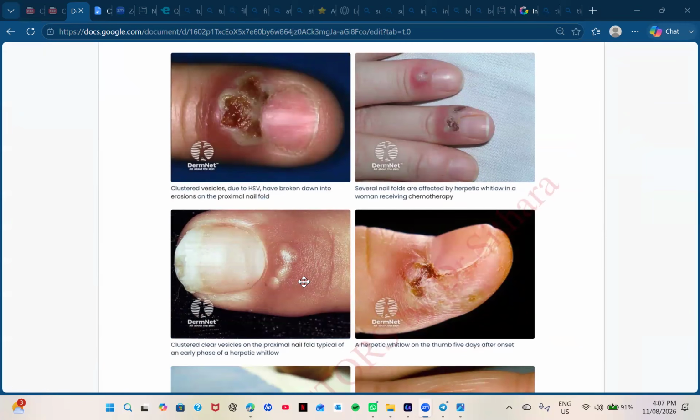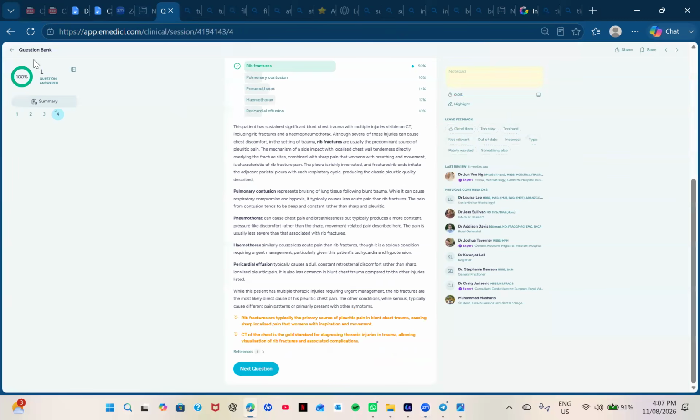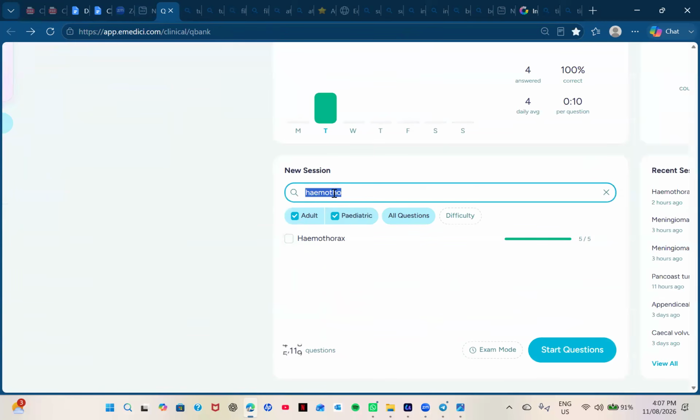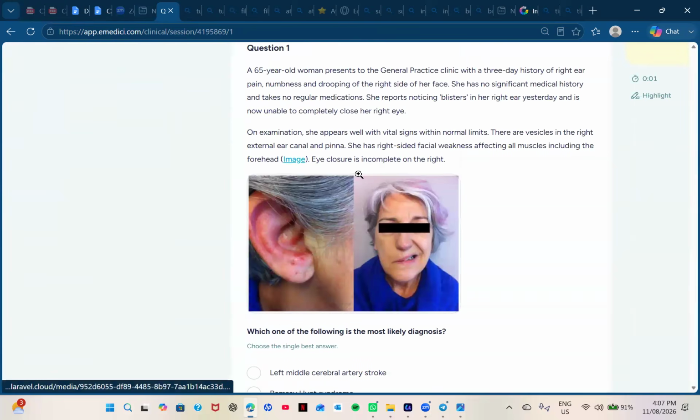And for Ramsay Hunt also they have asked. For that, please remember this picture. Very important. This exact picture they have given, the blue jacket lady, with this Ramsay Hunt.